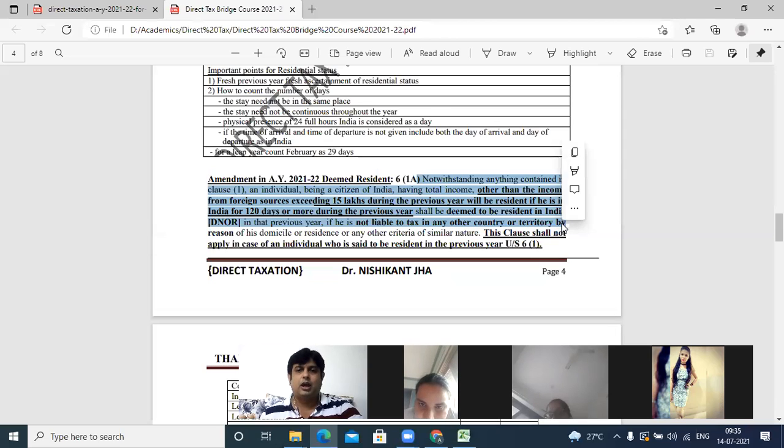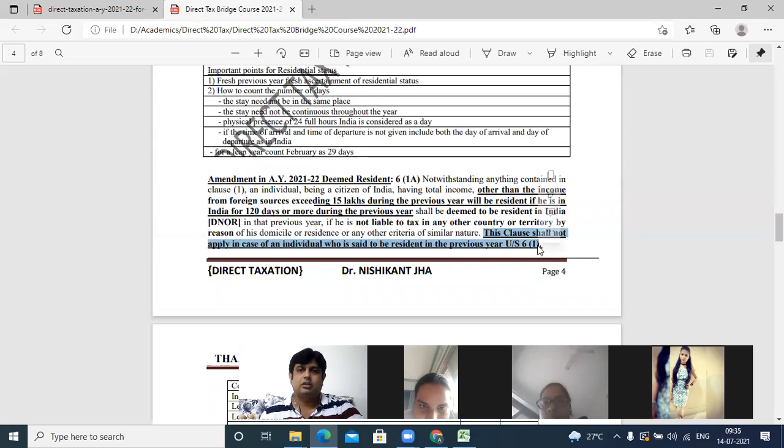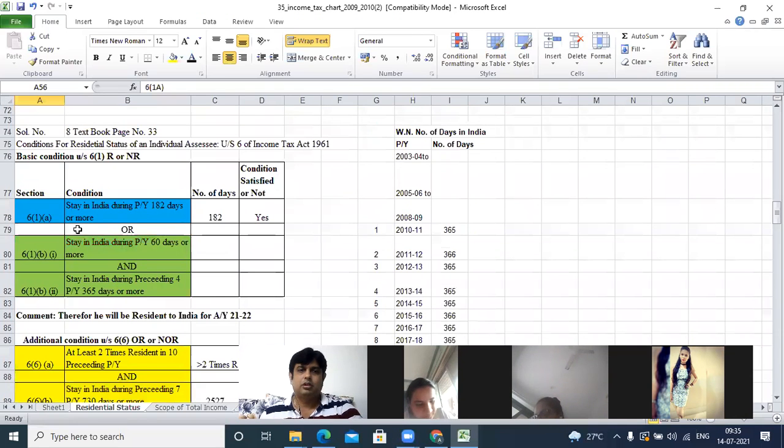I don't know how to teach. And this clause is very clear. It shall not be applicable for those who have already covered under section 6(1), which we are referring again and again. For them, that is not applicable.